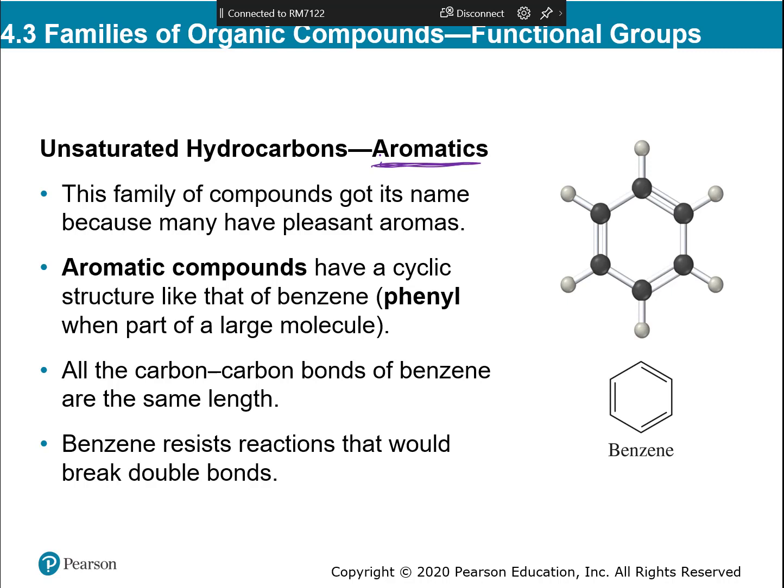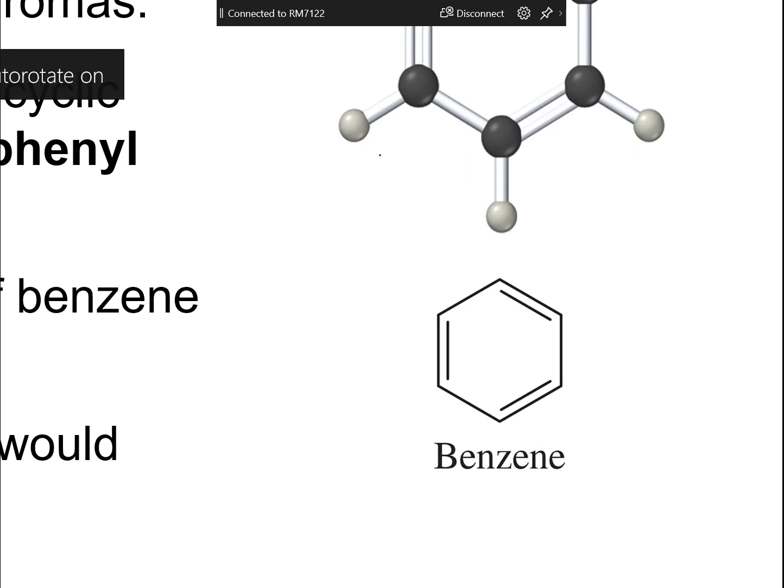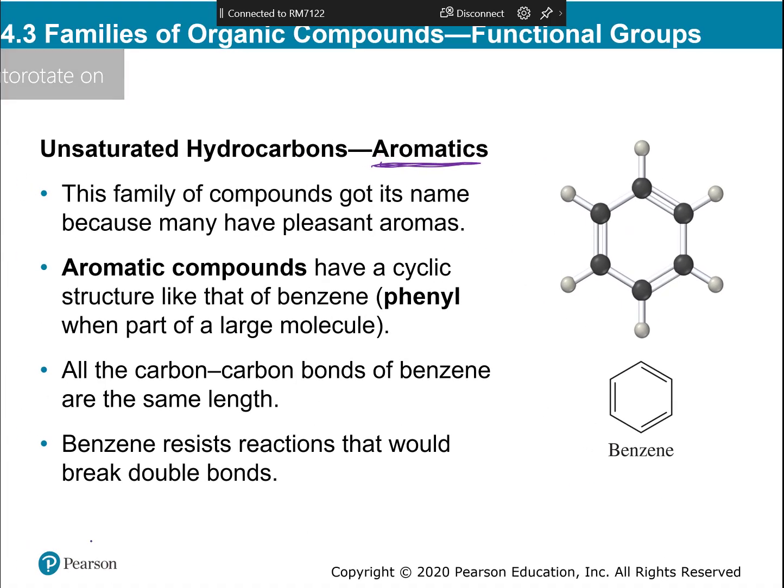So this is where you have 6 carbons in a ring, but they're alternating single and double bonds. This actually makes a very stable molecule. So remember that each of those corners, you might see it drawn like this. You might also see it drawn with the ring, with the double bonds in the opposite sides.